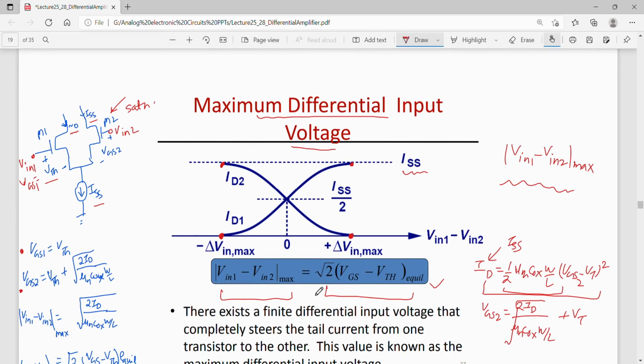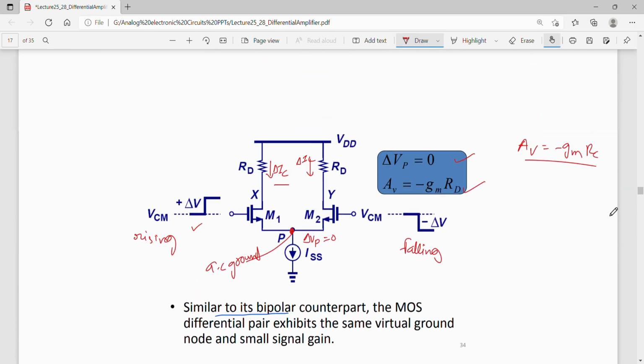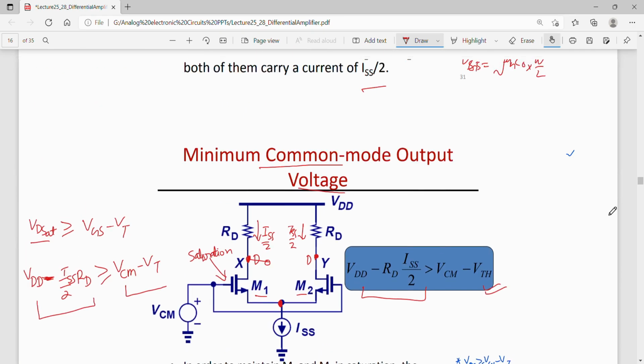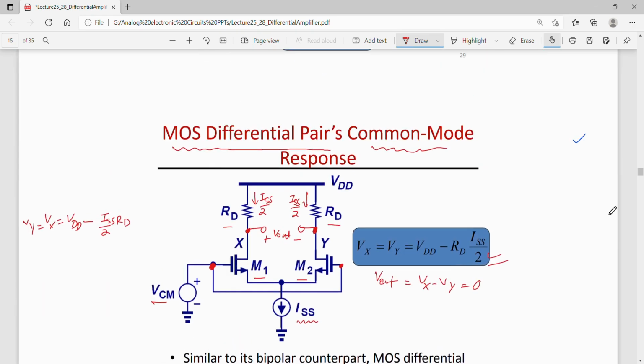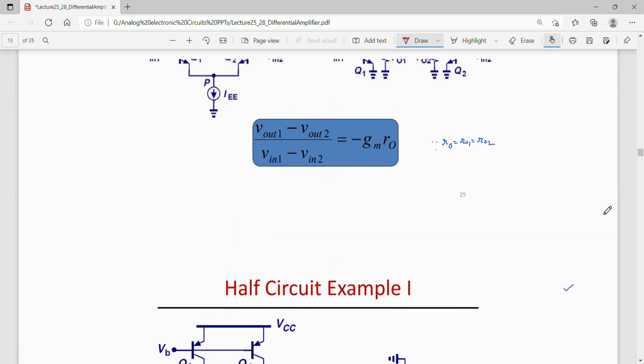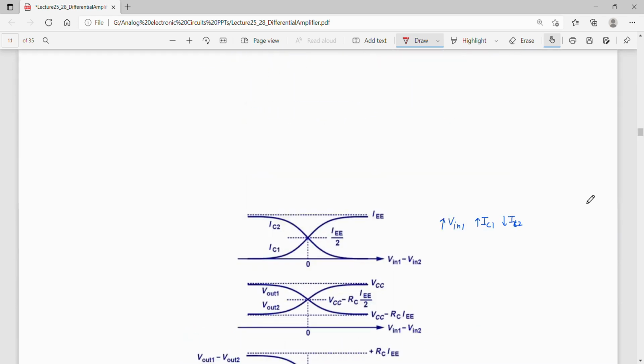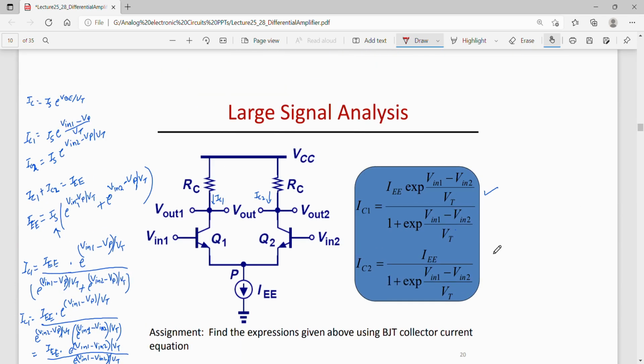That can also be found by going back. We had calculated some relation here. So I'll just go back and check. Yeah, here. So this is BJT based.